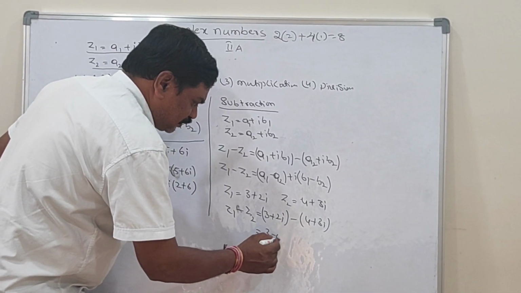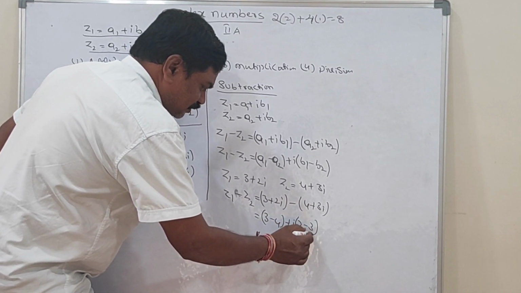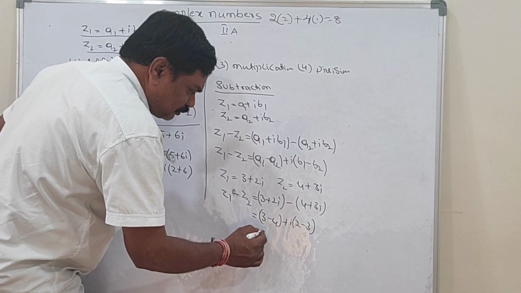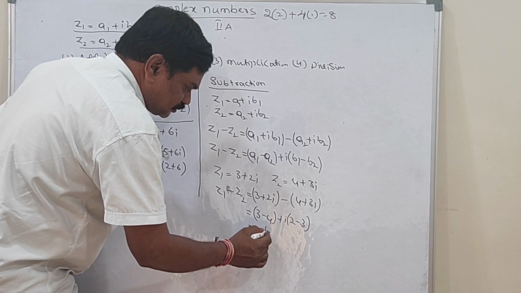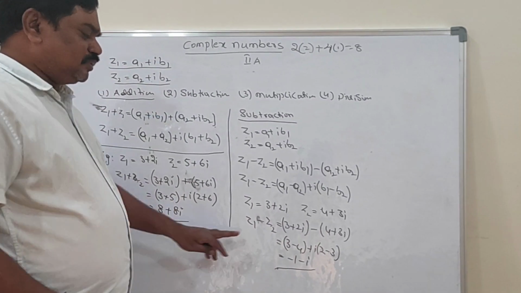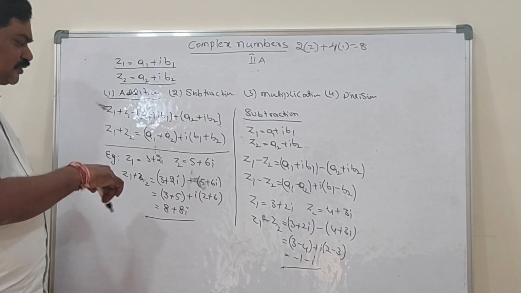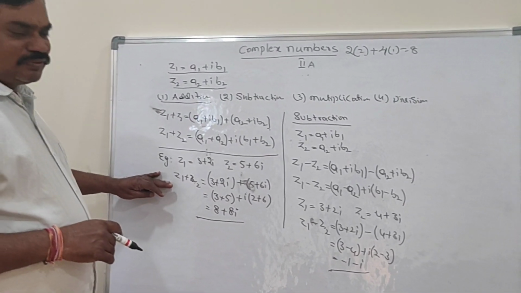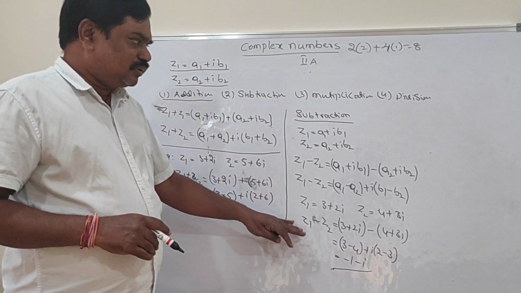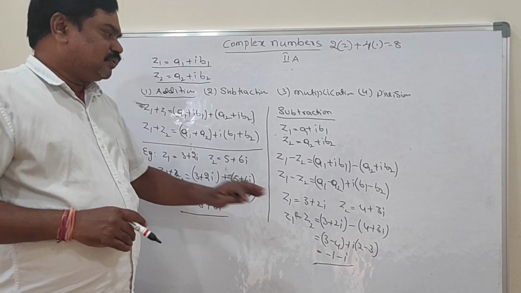So 3 minus 4 plus i into 2 minus 3, this is equal to minus 1 minus i. This is the subtraction z1 minus z2. This is the addition of two complex numbers, and this is the subtraction of two complex numbers.